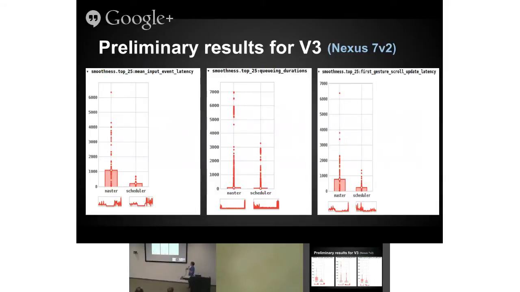And these are some preliminary numbers for the version 3 implementation. You can see the input event latency and the queue iterations are pretty well reduced. And on the right here, there's another metric that we have added: first scroll update, which is a bad name, but basically means the first time after you loaded the page when you start scrolling.